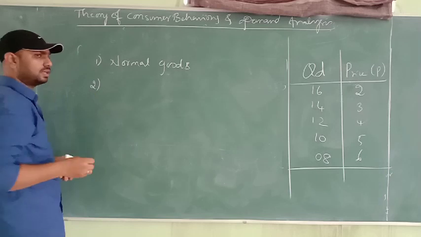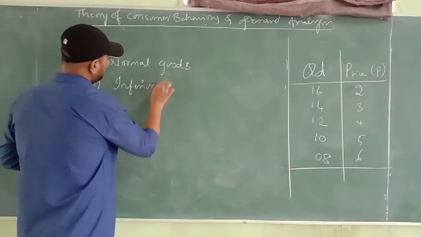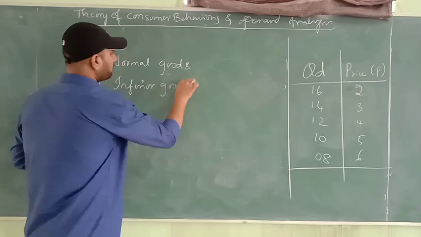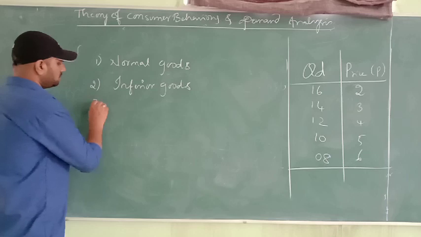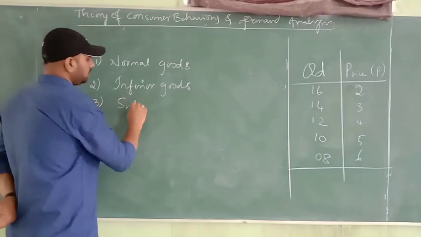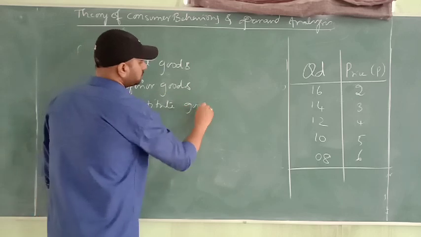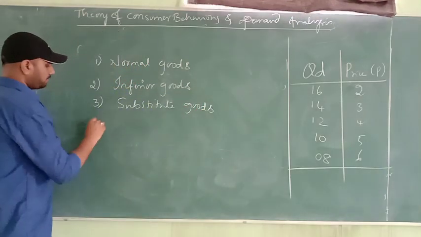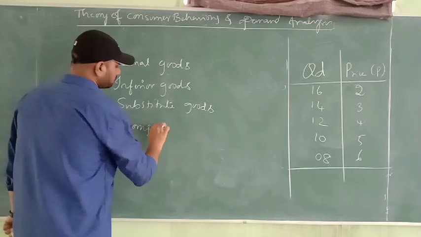Second one is inferior goods. Third one is substitute goods, and fourth one is complementary goods.